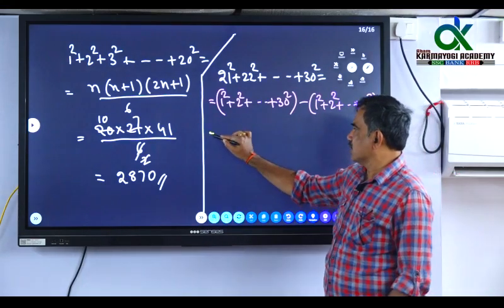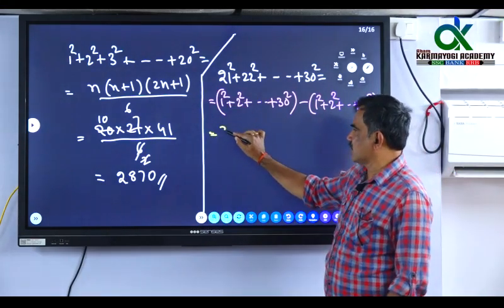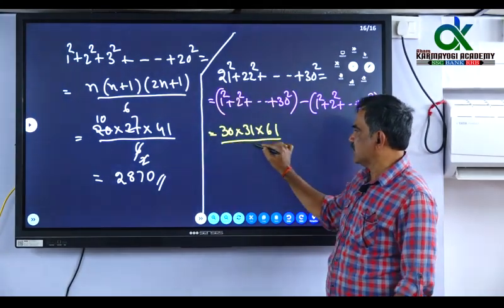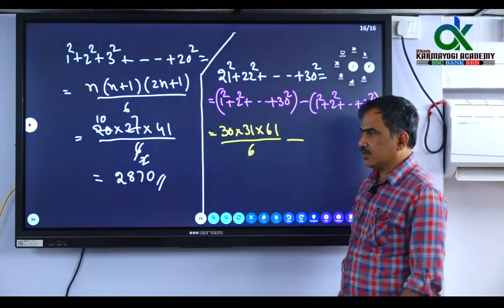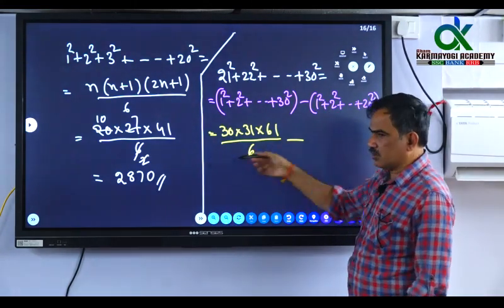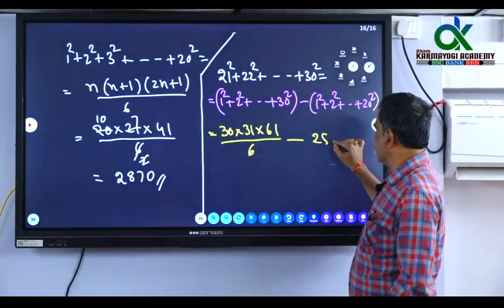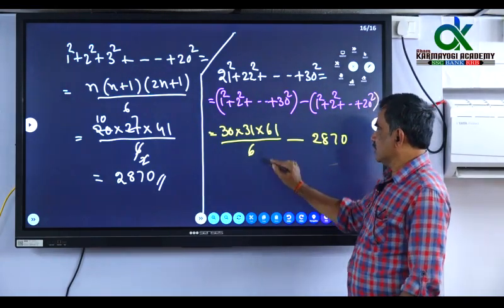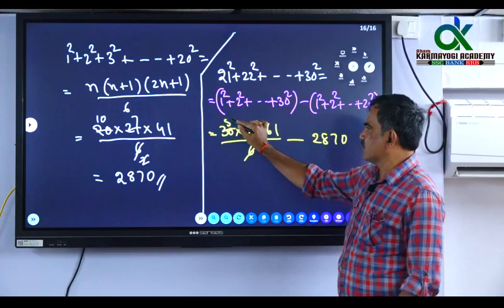Then what do we get here? Applying the same formula, 30 into 31 into 61 by 6 minus 2870, which is already known. 6 ones 6 5's cancel, 30.